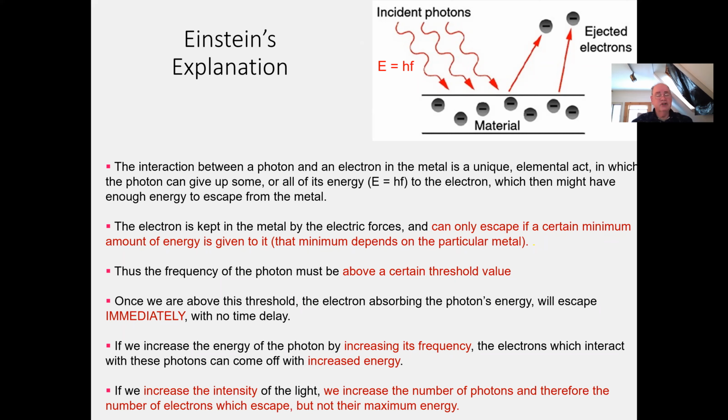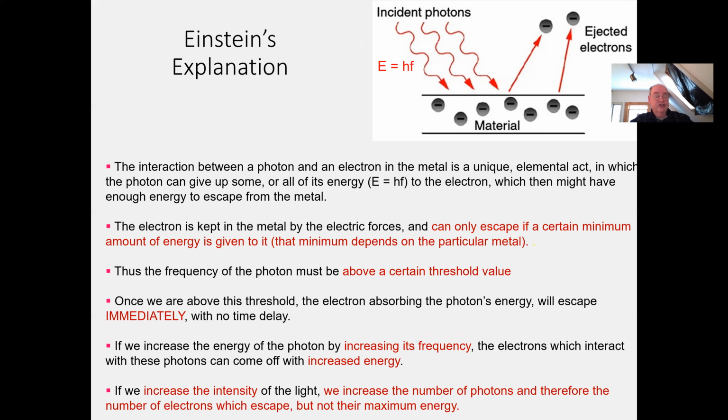But every metal has a certain threshold amount of energy you have to give the electron before it'll give it up. Thus, the frequency of the photon must be above that certain threshold value, using Planck's constant, to get enough energy to release the electron. That's why we have these threshold frequencies.